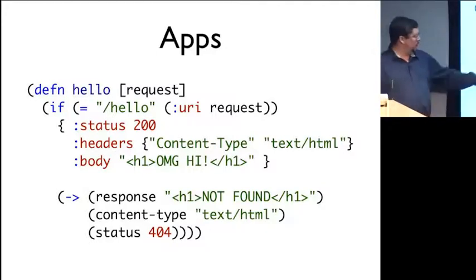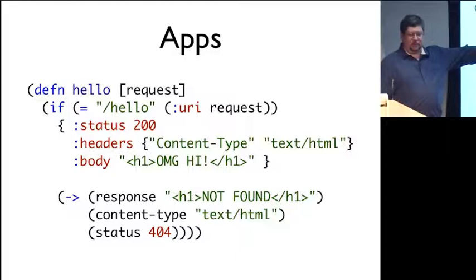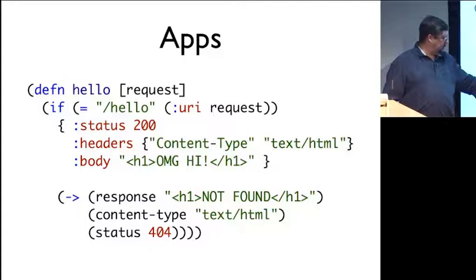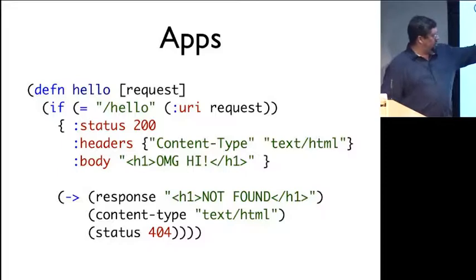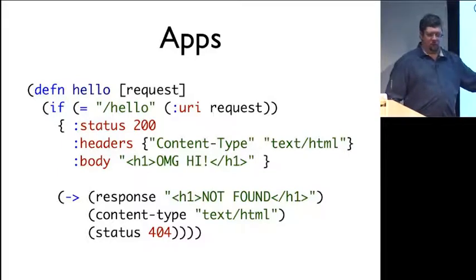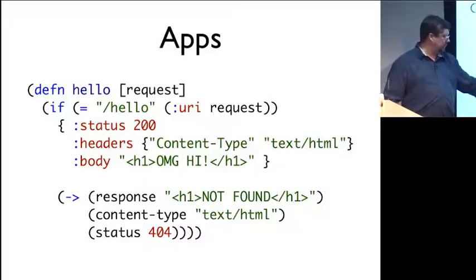And this is just like the last slide where we build the response directly as a map, but Ring also includes some little helper functions, utility functions for building responses in a little bit cleaner way. So you could do this same thing in this form, and this is the way you more usually see it.